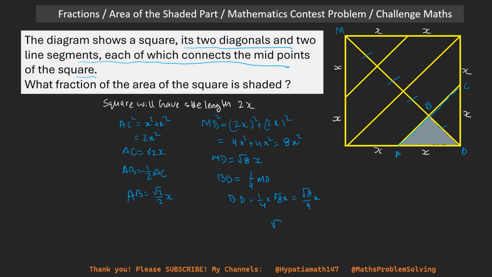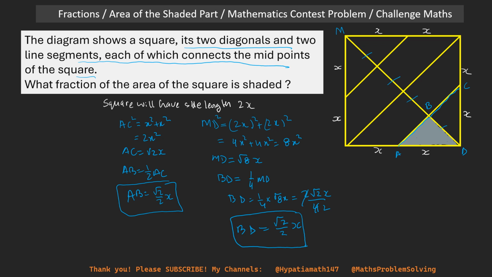Root 8 I can write as root 4 times 2, so 2 root 2, so 2 root 2 x out of 4, that is root 2 out of 2 x. So that is BD.